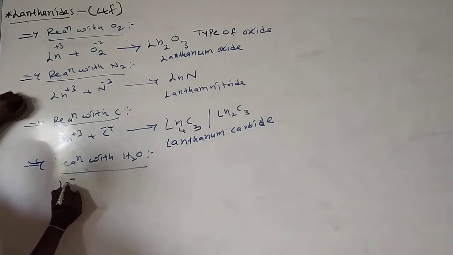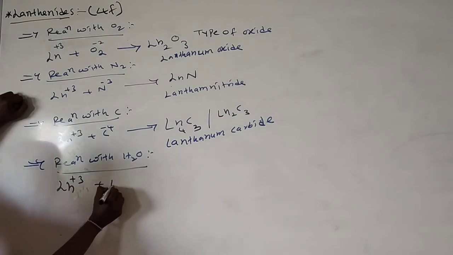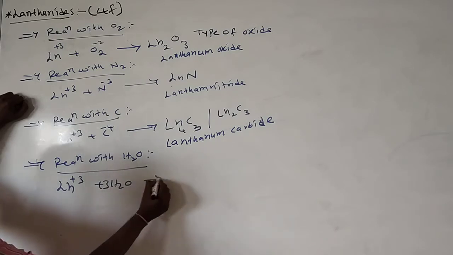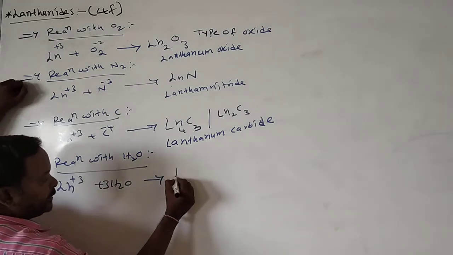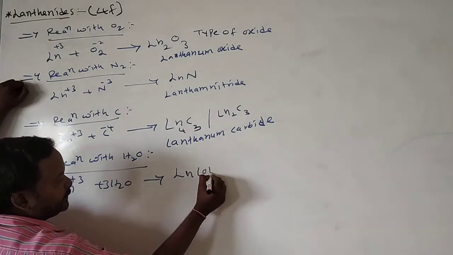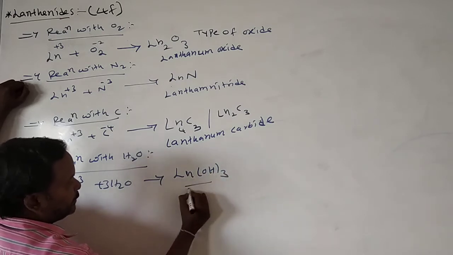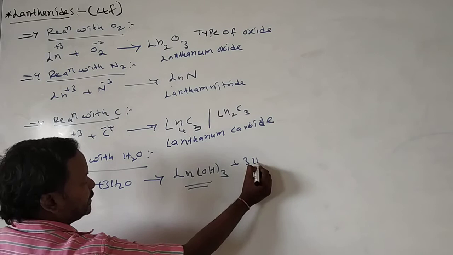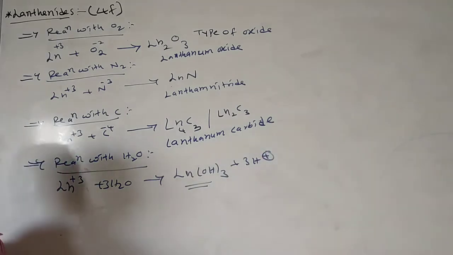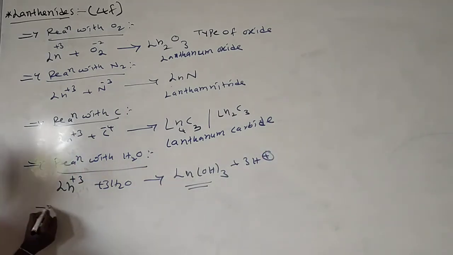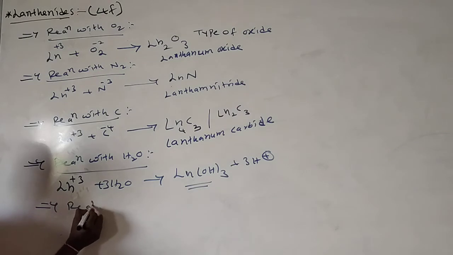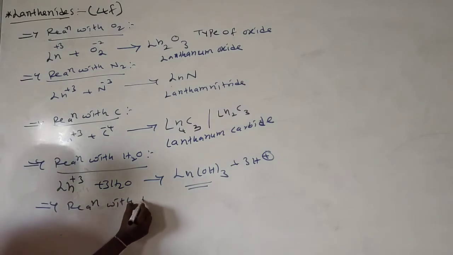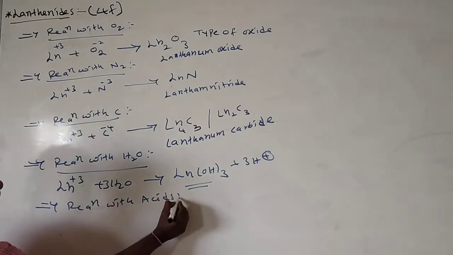Lanthanum reacts with water, 3 moles of water. Here it forms lanthanum trihydroxide along with the release of hydrogen. Next, reaction with acids. Lanthanum is a metal.